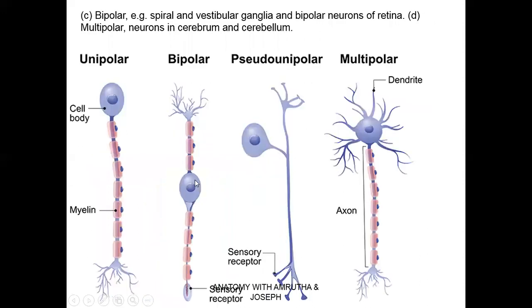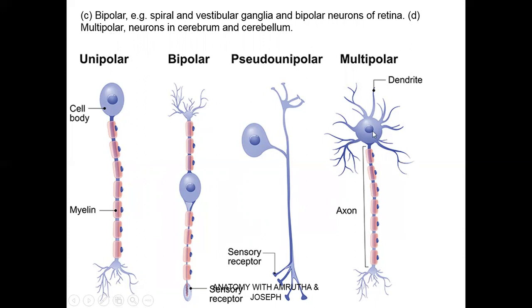Bipolar neurons have two nerve cell processes, this one and this one. They can be seen in the spiral and vestibular ganglia, which are related to the eighth cranial nerve, and also in the retina. The retina is the deepest layer seen in the eyeball.